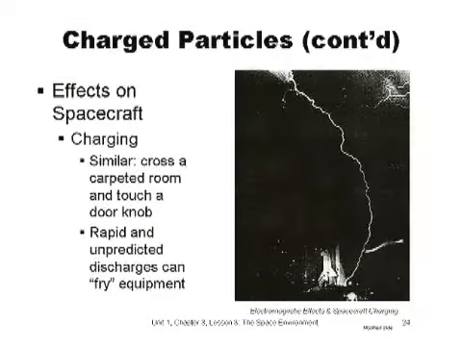It doesn't matter whether charged particles come from the solar wind, the Van Allen radiation belts, or the other side of the galaxy. They can harm spacecraft in three ways, which are called charging, sputtering, and single event phenomenon. Charged particles hitting the spacecraft surface can develop a small charge or voltage that can cause a shock, much like the shock you get crossing a carpeted room and touching a doorknob.